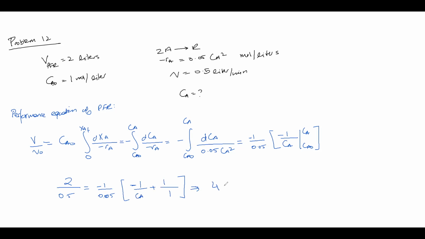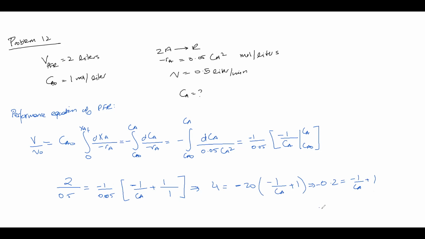So this will be 4 is equal to minus 1 over 0.05, which is minus 20, into minus 1 over Ca plus 1. 4 divided by minus 20 is 0.2. So this becomes 0.2 minus 0.2 is equal to minus 1 over Ca plus 1.